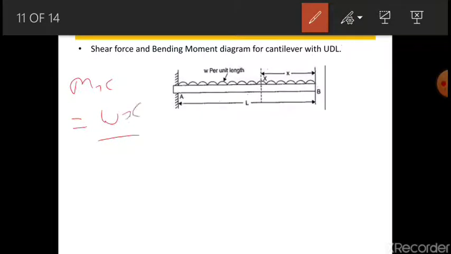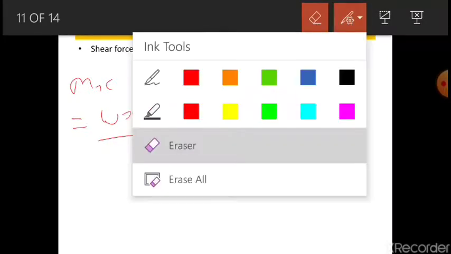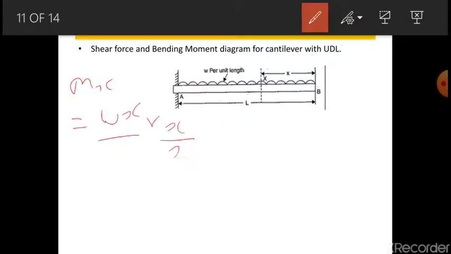It is X into X by 2. So what is the formula? Wx square by 2. This is your final minus. Don't forget the minus sign. This is your formula. Wx square by 2.